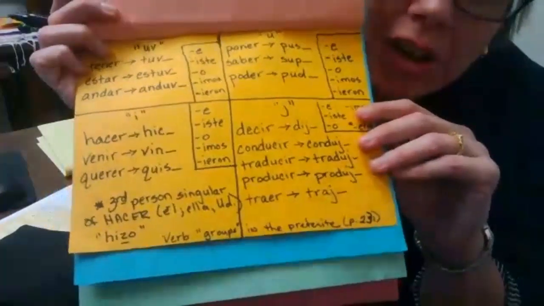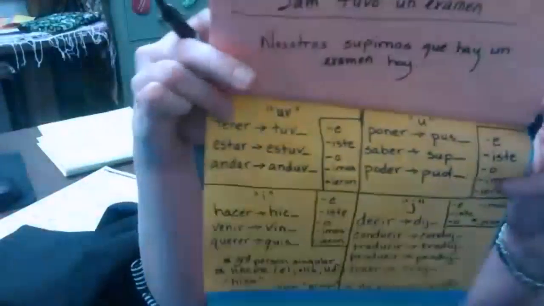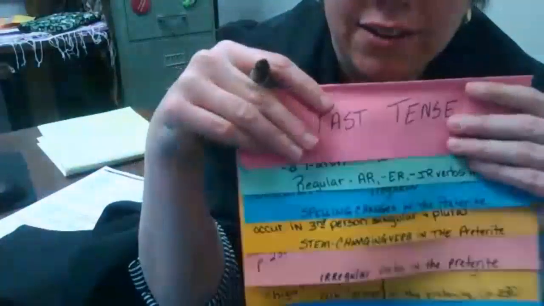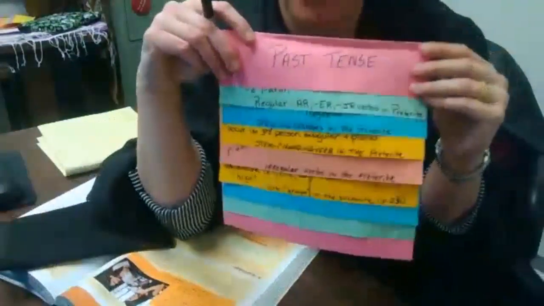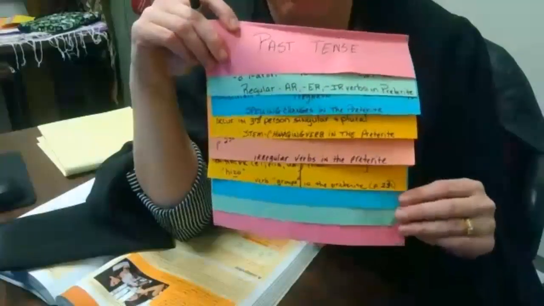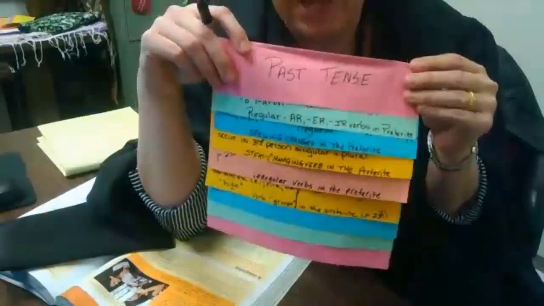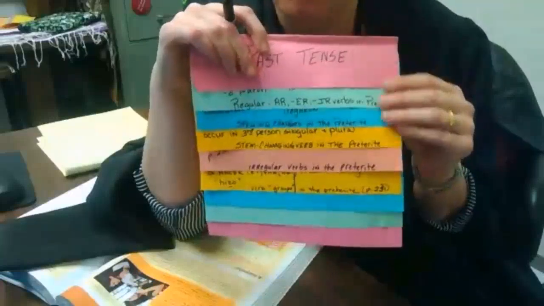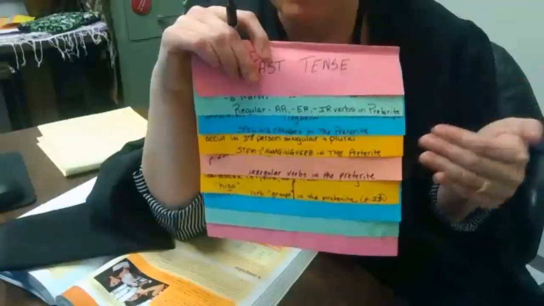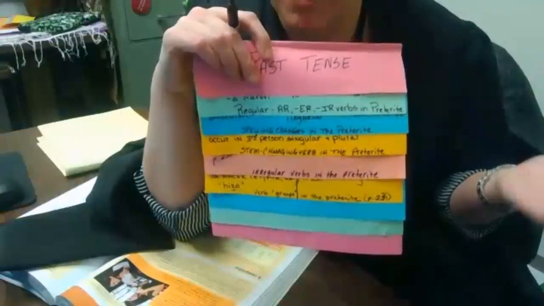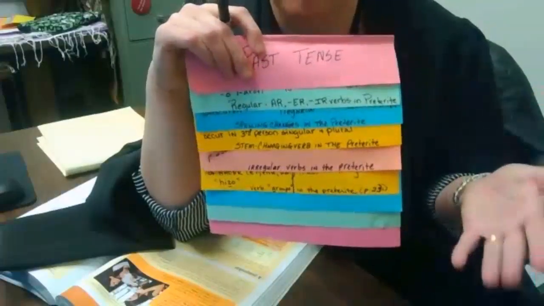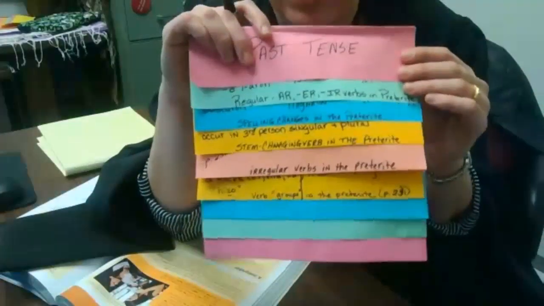So, it's a long video, but what we did was we have finished the preterite tense. And all of your rules are right here in one booklet. So when you take a test or take a quiz or do your homework, you don't have to keep flipping through the book and saying, where is that? Where did they talk about that? It's all right here.